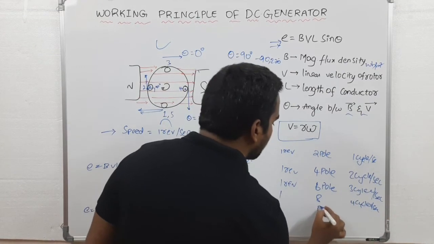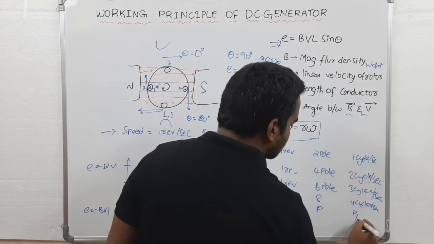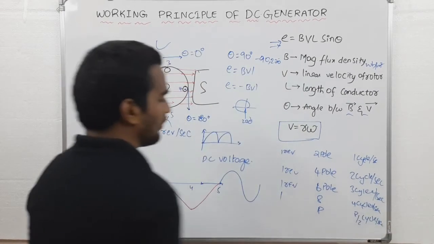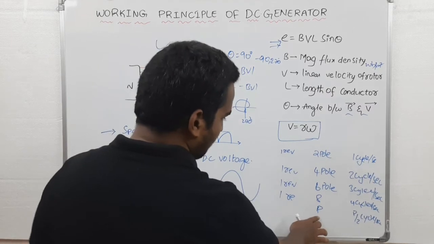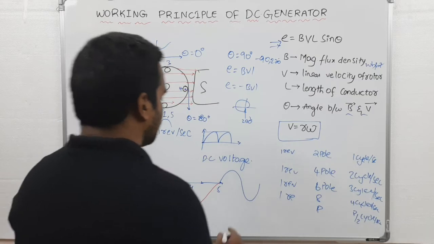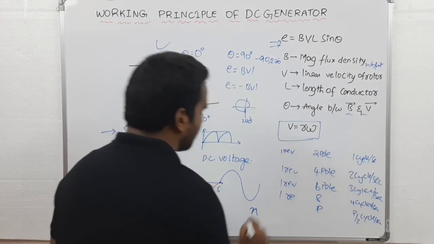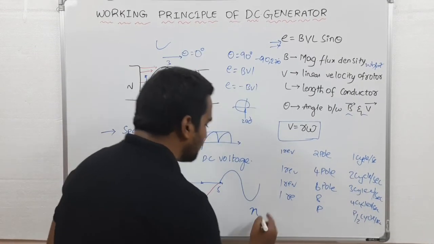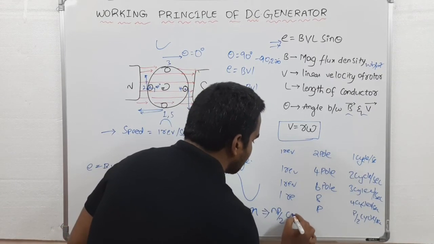So if it is a p-pole machine, the number of poles is p, then p by 2 cycles will be there. Okay, for 1 revolution, a p-pole machine gives p by 2 cycles per second. So if the machine rotates n times in 1 second, that is n revolutions per second, then how many cycles will be there? n p by 2 cycles will be there.